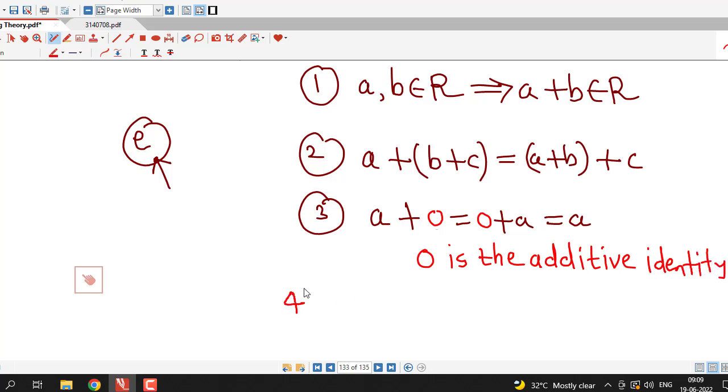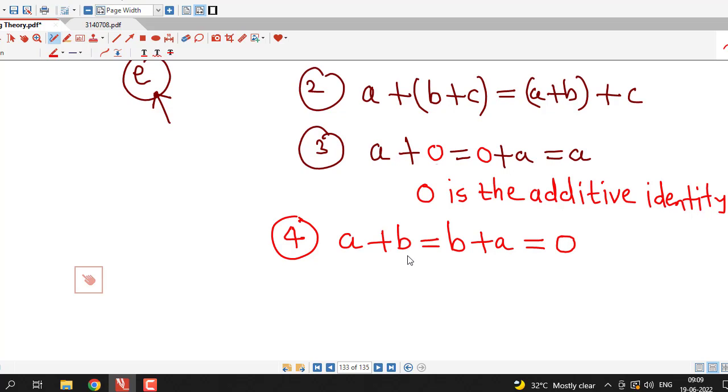Then existence of inverses. Suppose we take any element A, then we must have some other element B such that A plus B equals B plus A equals identity. Identity is denoted by 0 here.